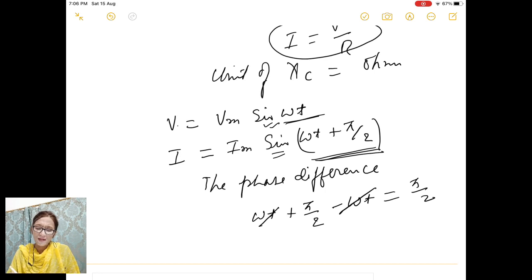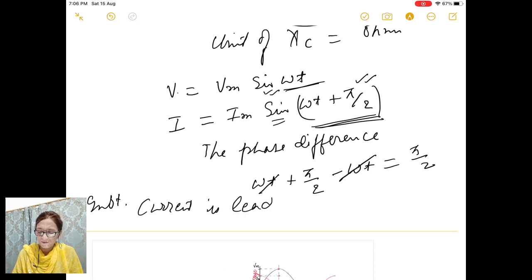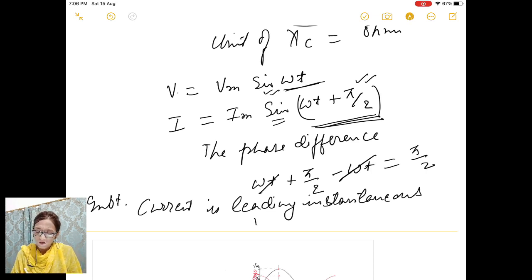And you can see that the instantaneous current is leading the instantaneous voltage by pi by 2.